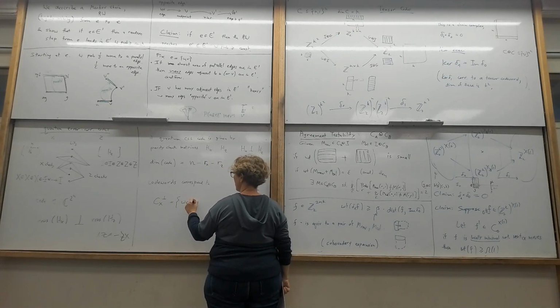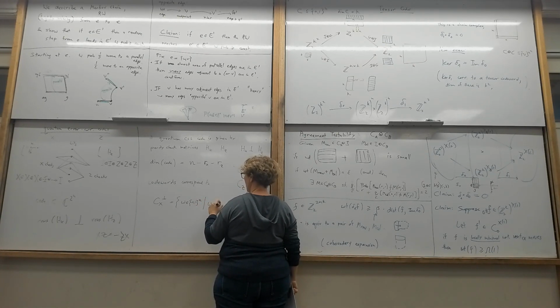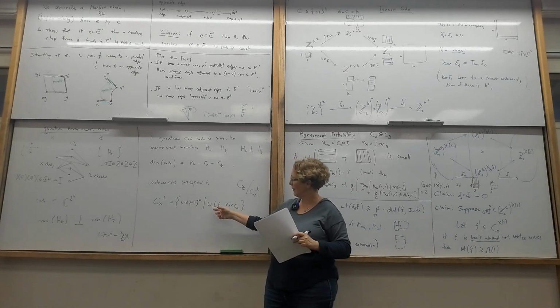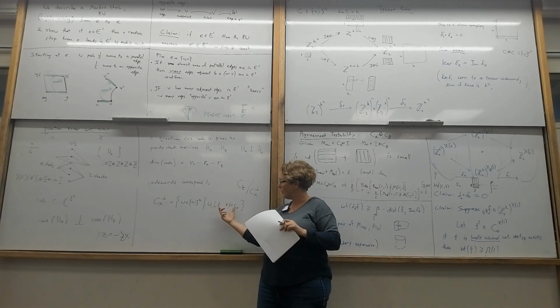This is all the words W in 0, 1 to the n, such that W is perpendicular to F for every F in CX. So this is just the dual code. It's the set of strings that are perpendicular, in mod 2 inner product, to every word in CX.